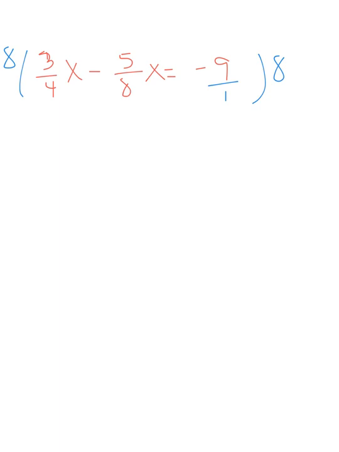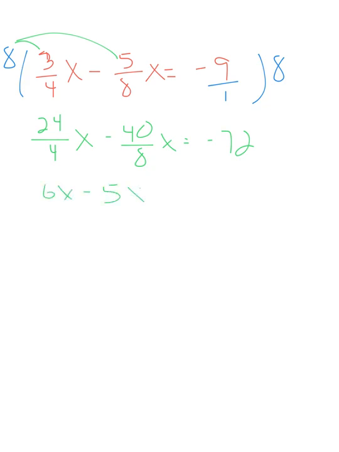And I'm going to distribute, but I'm not going to simplify right now. 8 times 3x is 24x over 4. This is negative 40x over 8 equals negative 72. Now I'm going to simplify. 24 divided by 4 is 6x minus 5x equals negative 72. x is negative 72.